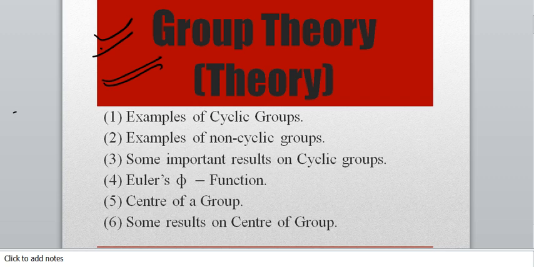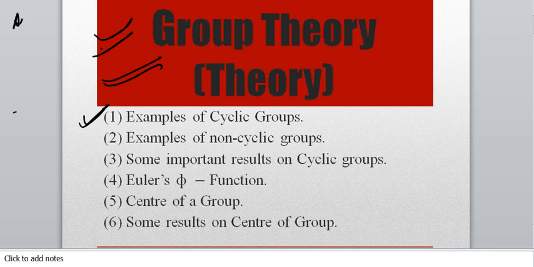So let's go ahead and see what we are going to do in this part. We are going to do examples of some cyclic groups. You remember I taught you cyclic group in the previous video. So what is a cyclic group?